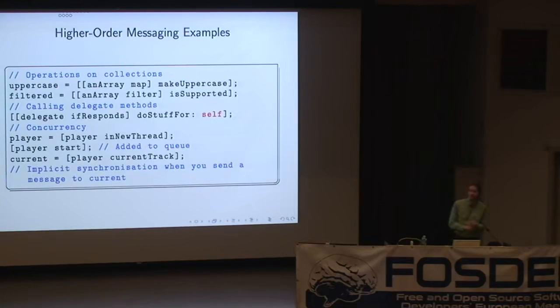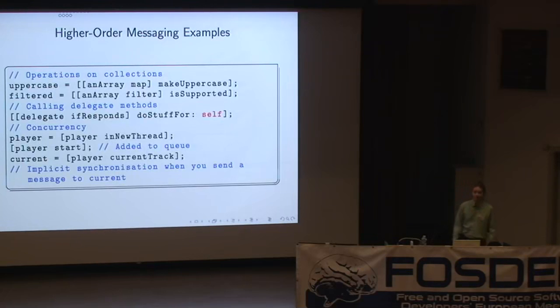The one in the middle is actually quite nice. It's very common in Objective-C programs to have a delegate class which implements some methods that are required and some methods that are optional. And so every time you call the delegate, you have to bracket the message send saying, do you actually respond to this method or to this message, or should I just not bother calling it?